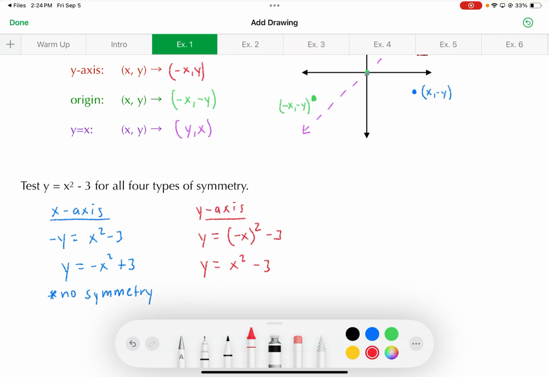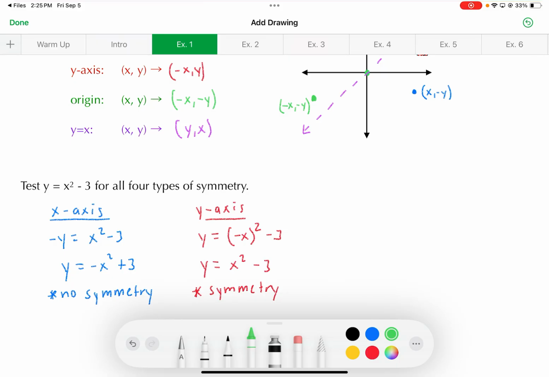And look what I end up with. The same equation that I began with, right? So I will say, yes, we do have symmetry with the y-axis. You're basically saying that negative x is producing the same result as positive x would.